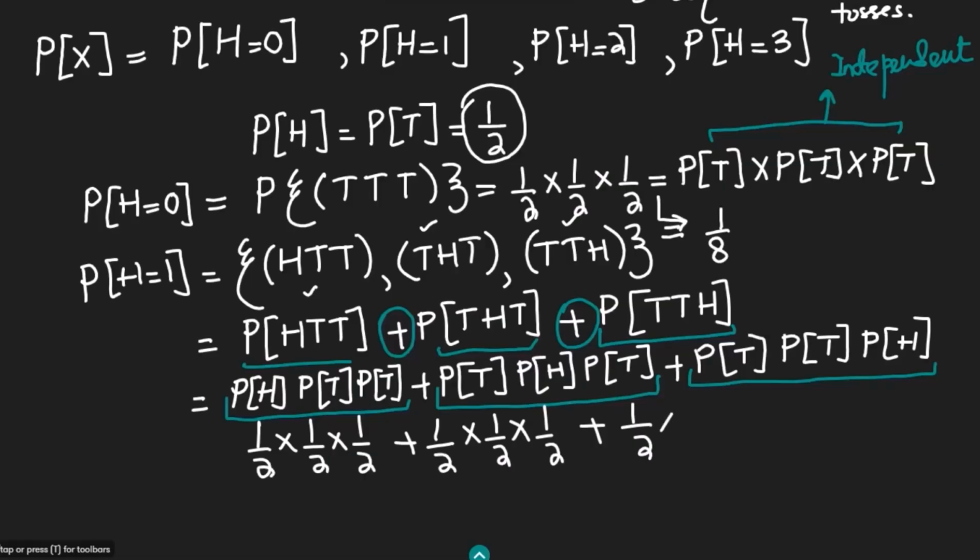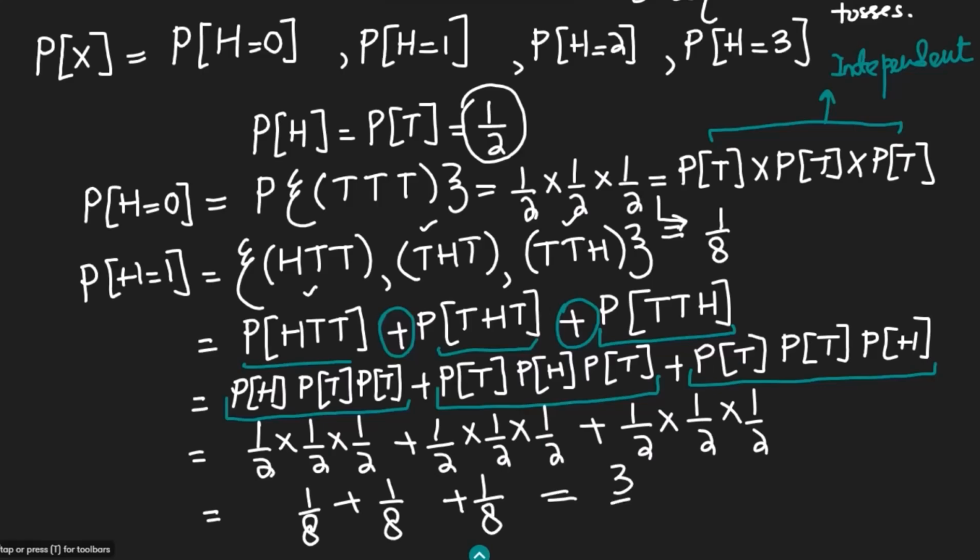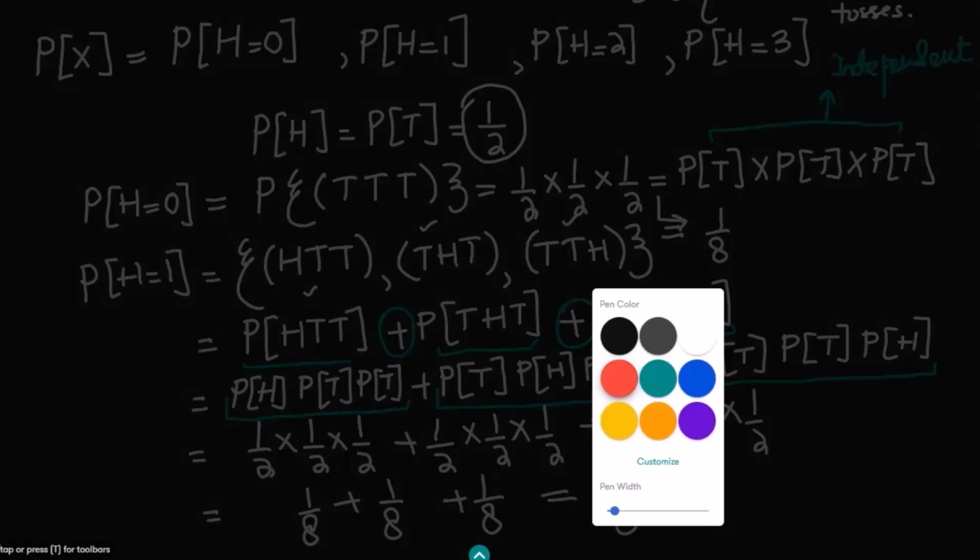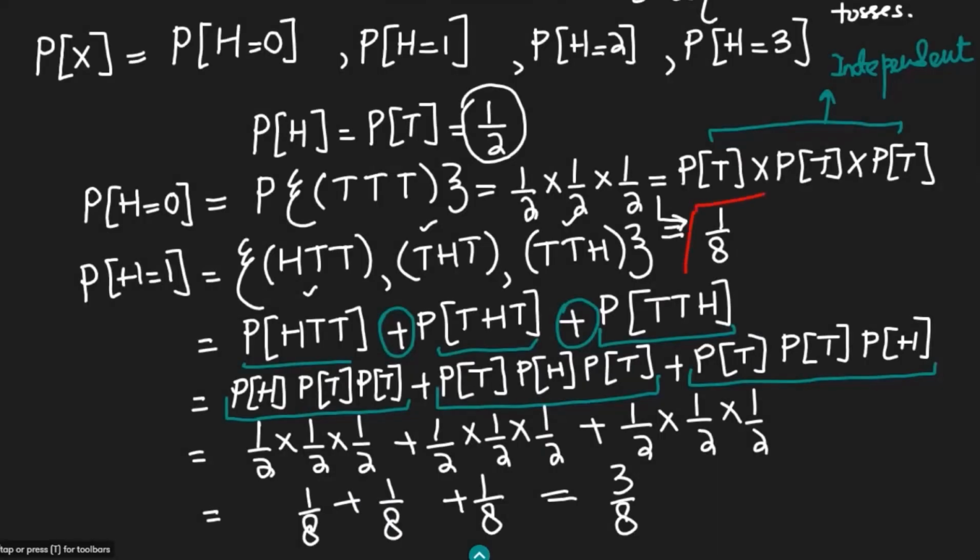So what I would get here is 1 by 8 plus 1 by 8 plus 1 by 8, which will ultimately give me 3 by 8. This was for heads equal to 1, and this is the probability of heads equal to 1. So we have found out the two values.